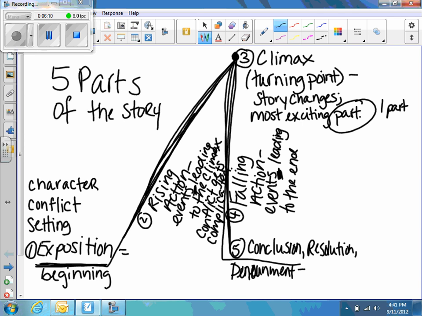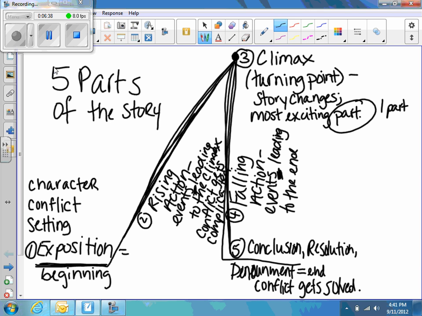Okay, this is the end of our book, or where the conflict gets solved. Okay, so again, our conclusion can be called conclusion, it can be called resolution, it can be called denouement, but it all means the same thing. It means it's the end of our book, the conflict gets solved, end of story.